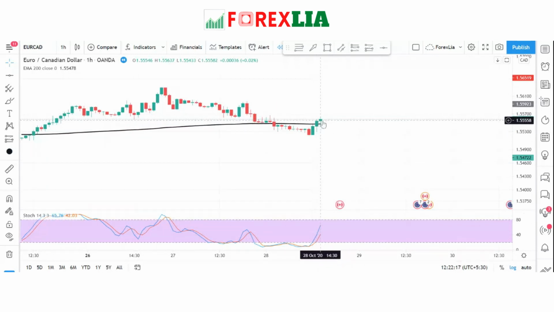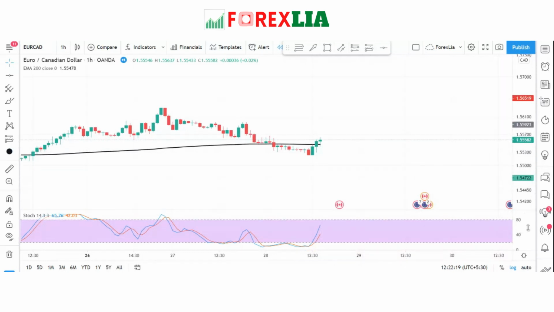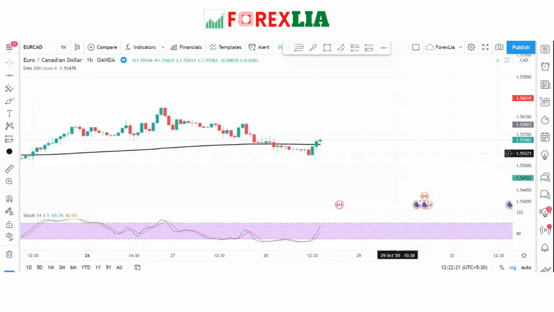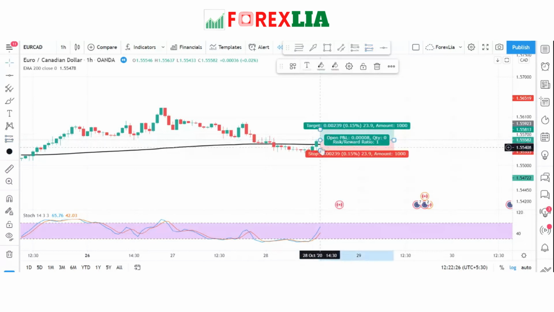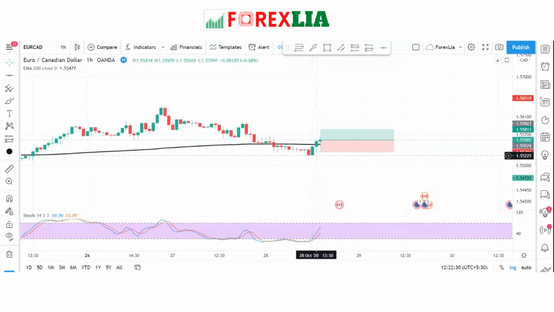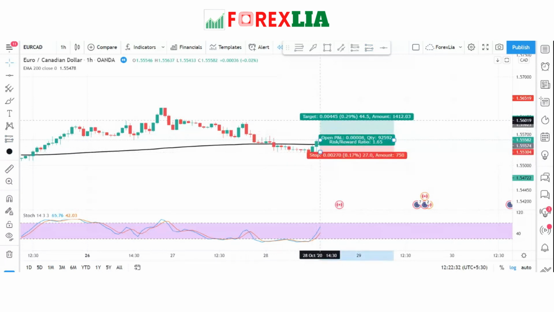And if the K line crosses above the D line, it indicates that the stochastics is heading upwards. Now here we place a buy trade. We set the stop loss at the previous candle low point. Set the profit target 1:2.